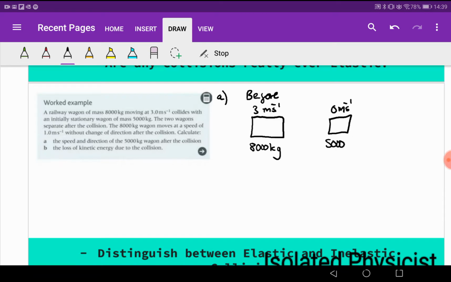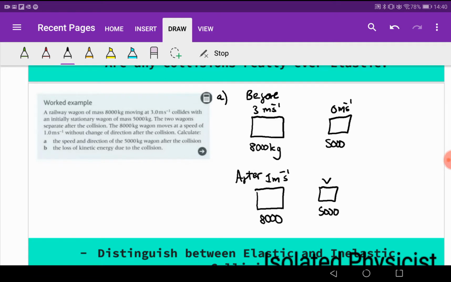And our after picture, we've got the 8,000 moving at a speed of 1 meter per second without change of direction. Good, so it's not minus, otherwise it'd be the other way. That's 8,000, and we've got this one here, that's V, and 5,000 here. So let's just go ahead and work it out.